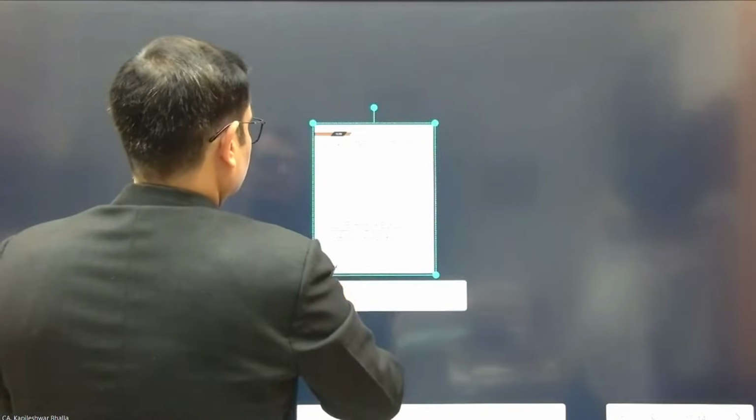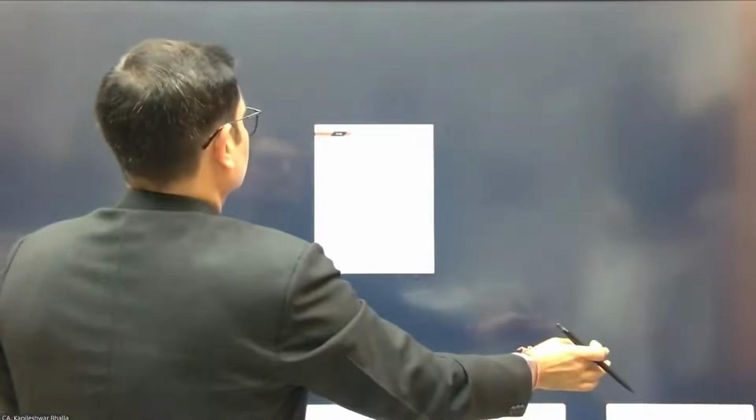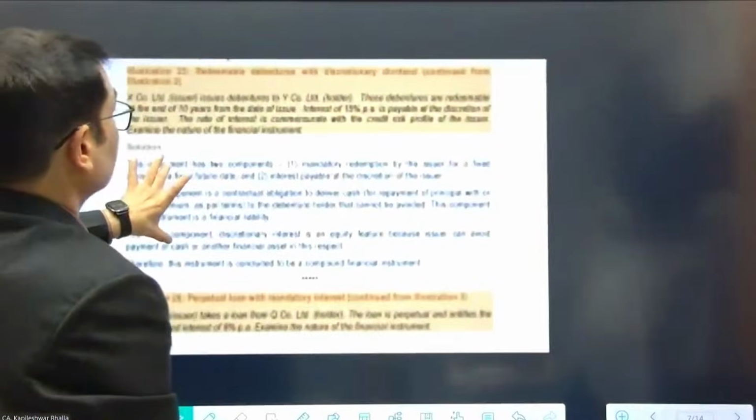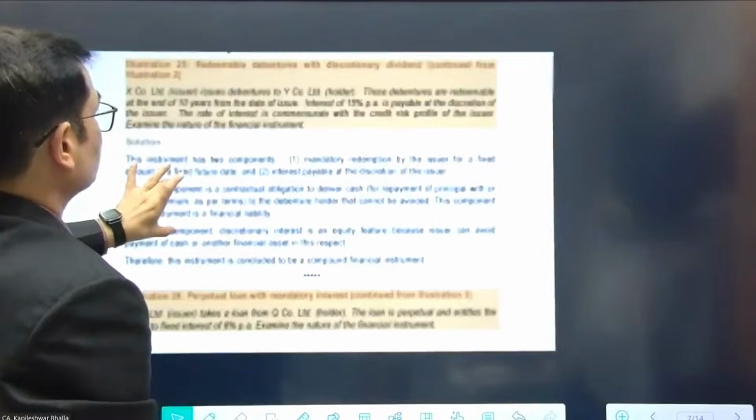I'm going to show you the inputs so that we're absolutely connected before we go to the next agenda. Let me quickly take you to the study material. Let's have a look at this. We've done these illustrations. I am just connecting the dots back to you.